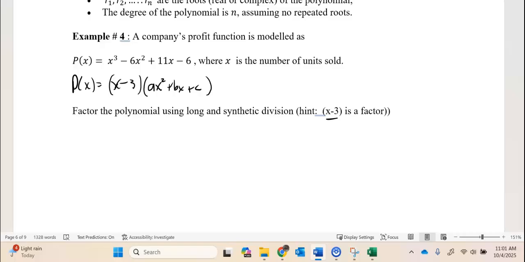But the idea is if I have a cubic and I factor it with one factor being linear, then I should end up with a quadratic. And then this I don't need to use long or synthetic division for anymore because I know how to deal with quadratics. All right, so let's give it a try. If I did long, it looked like this.